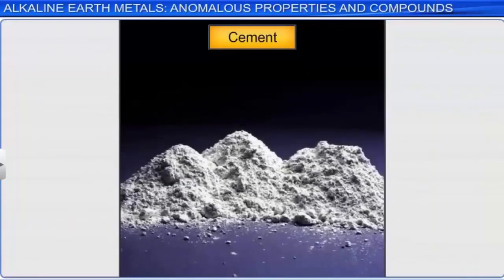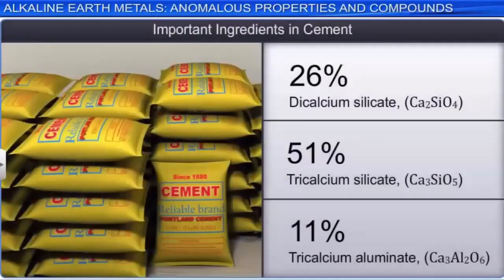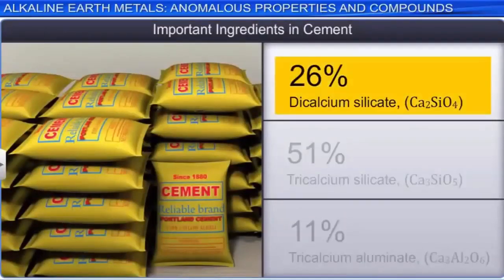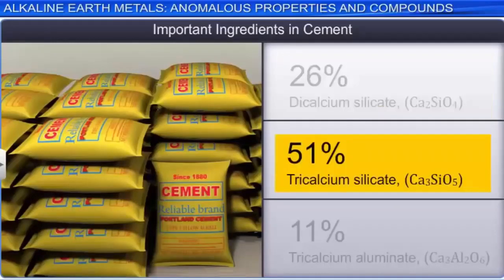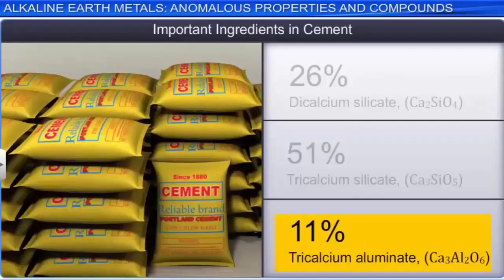Ingredients that make up the bulk of Portland cement include dicalcium silicate, making up 26%, tricalcium silicate, contributing 51%, and tricalcium aluminate, contributing 11%.